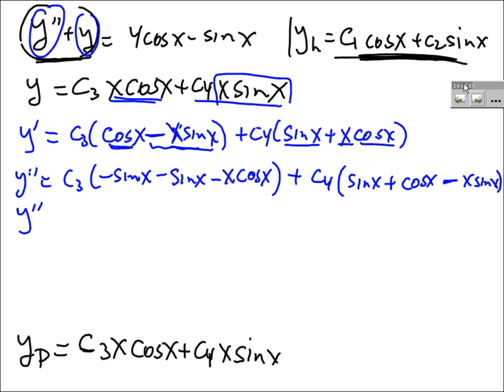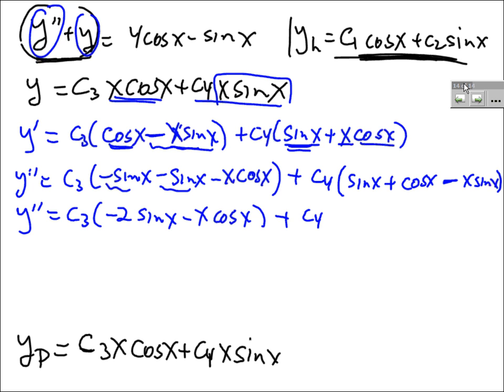Clean this up a little bit. You get c3 times negative 2 sine x minus x cosine x, plus c4. Something bothers me there. The derivative of sine x is not sine x, sorry.